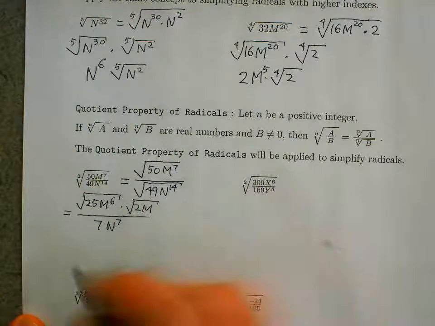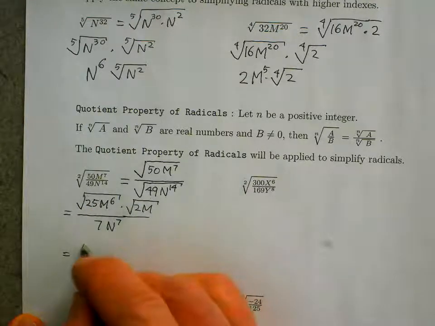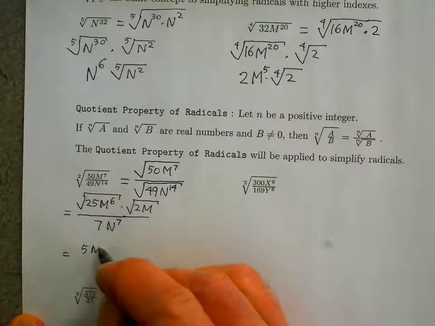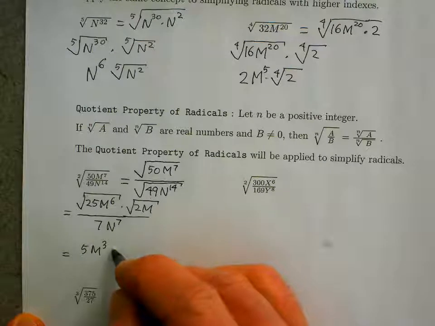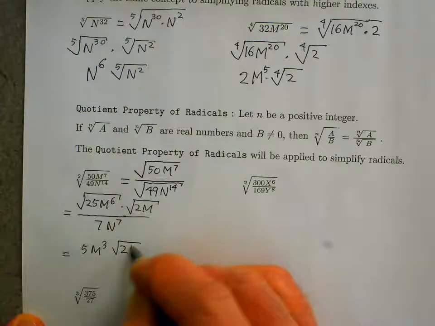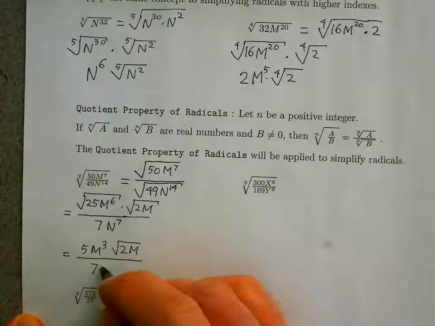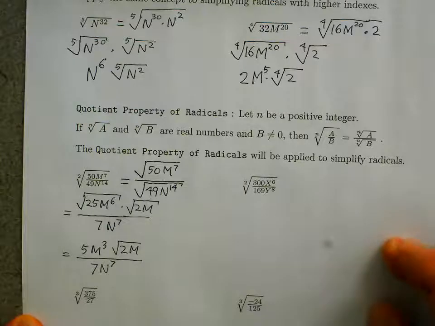And then our final answer: the square root of 25 is 5, and the square root of m to the 6th is m to the 3rd. So the numerator is 5 times m to the 3rd times the square root of 2m, divided by 7n to the 7th. That is as far as we can simplify.